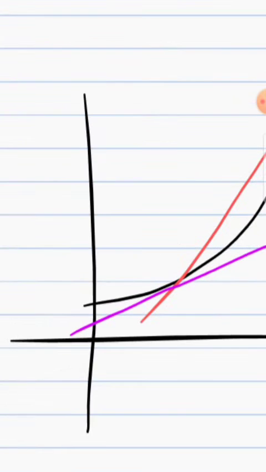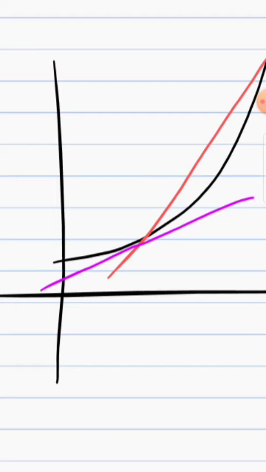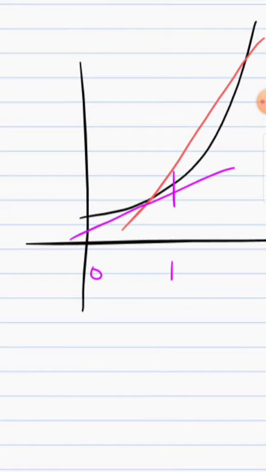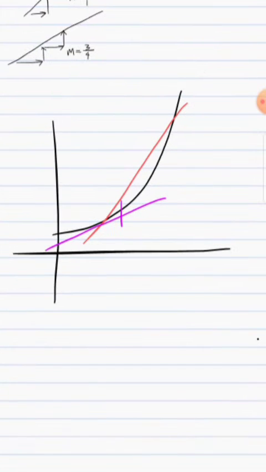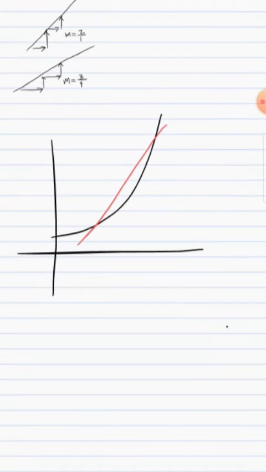For example, from 0 to 1, say this is 1 here, we can see that at 0 it has a slope of something like this. Then as we go to 1, it changes from this one to this one. So for a curve, its slope is changing at every point. That is why all we can do is make a tangent line at every point.